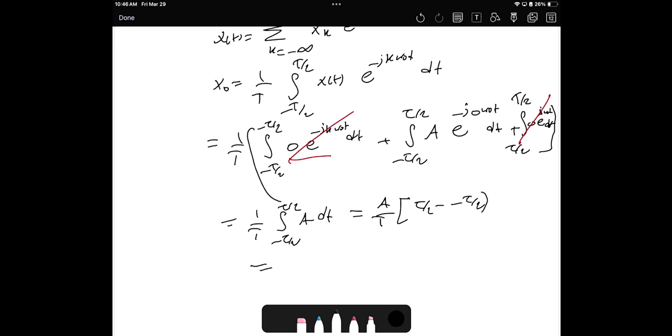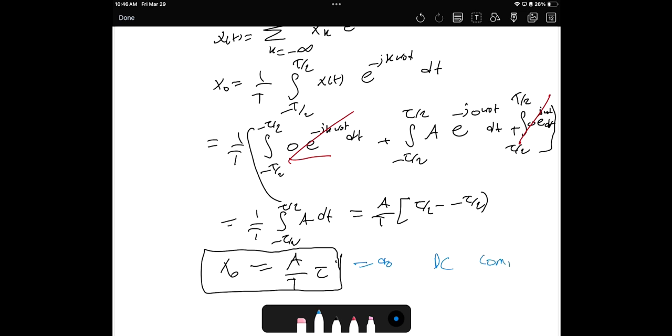So the answer will be A over T tau. This is x of 0. Okay? Understood? Keep in mind, x of 0 is the same as a0 because it's the DC component. Any question?